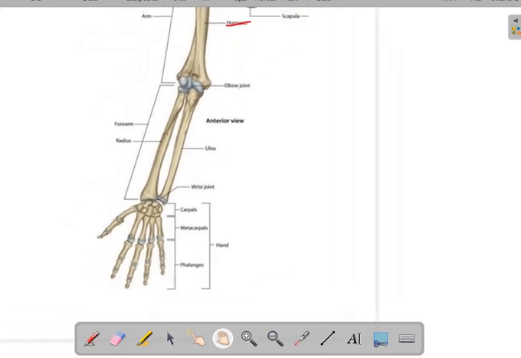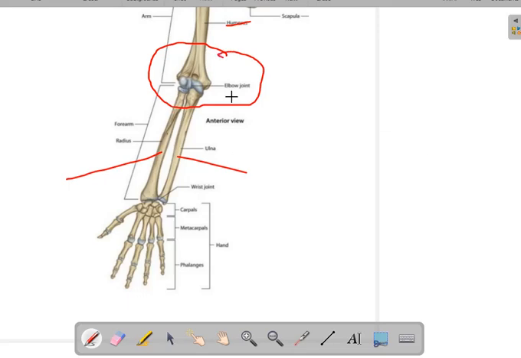This is the radius, the lateral bone of the forearm, and this is the ulna, the medial bone of the forearm. This is the humerus, articulating with the radius and the ulna at the elbow joint. This is the elbow joint.